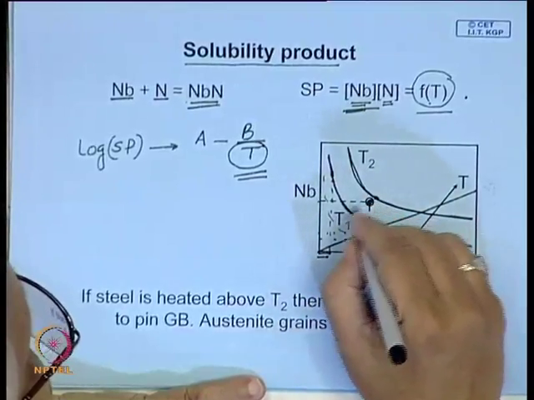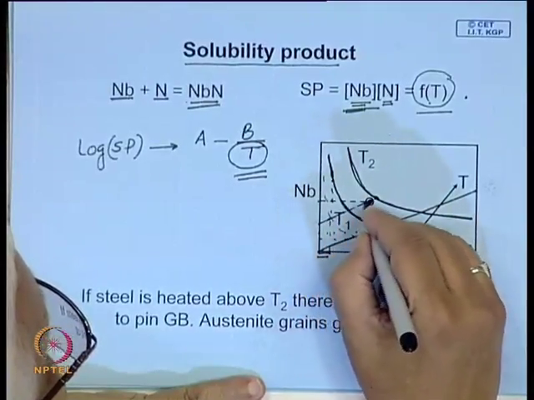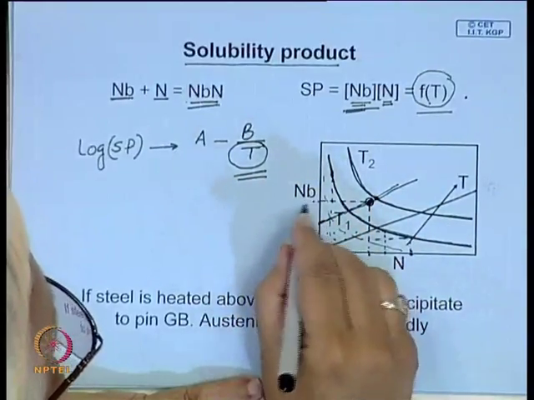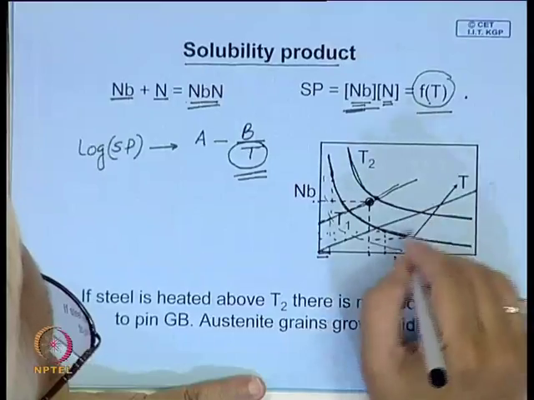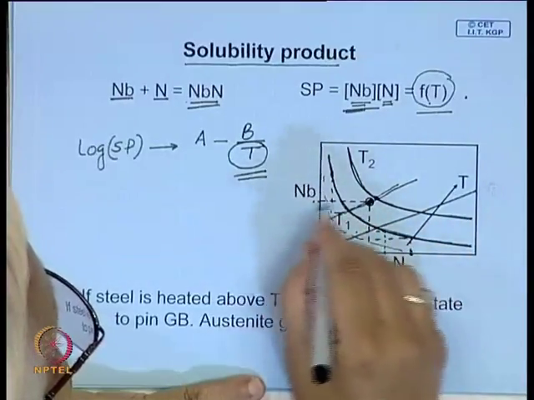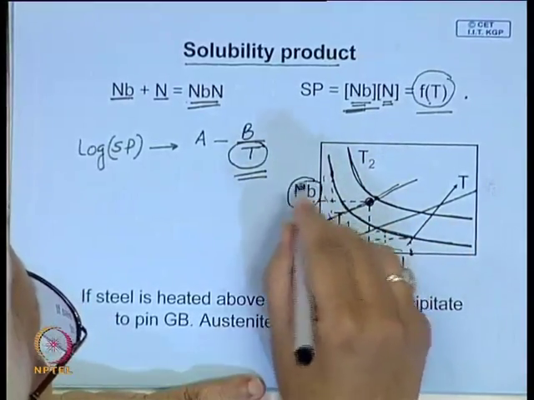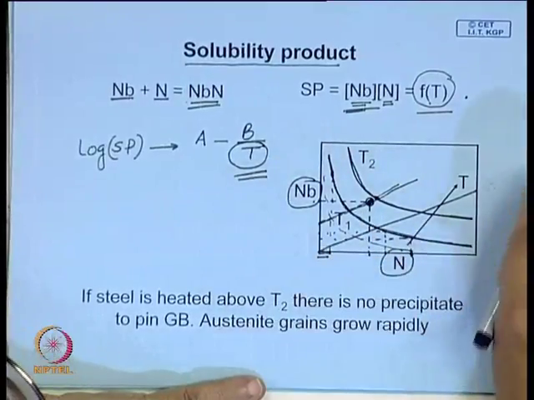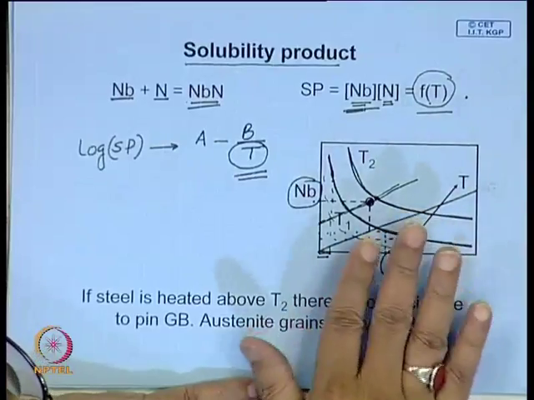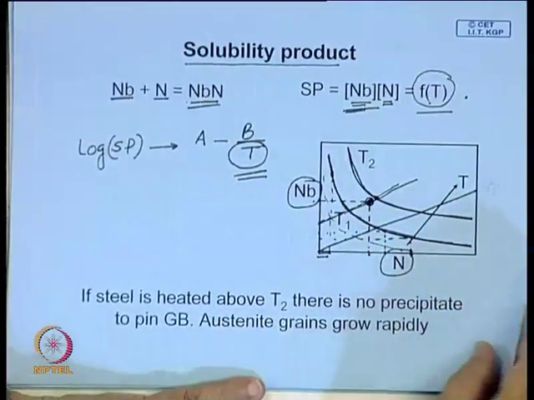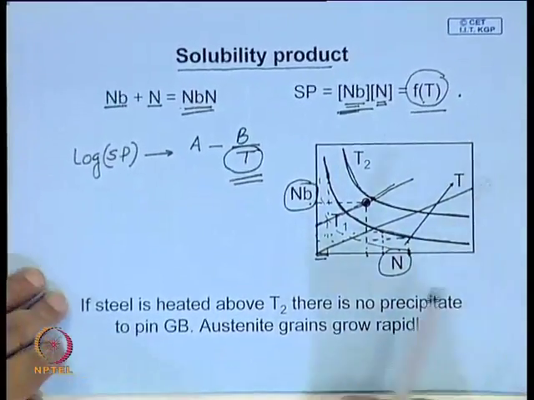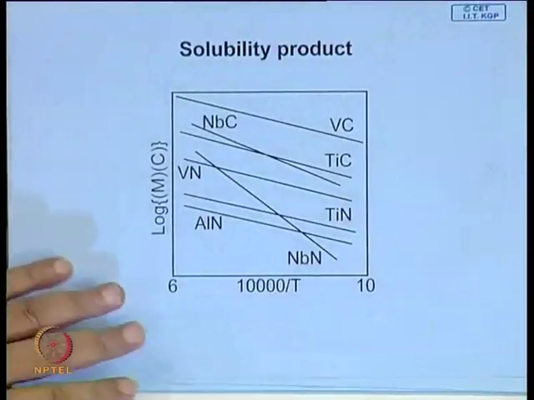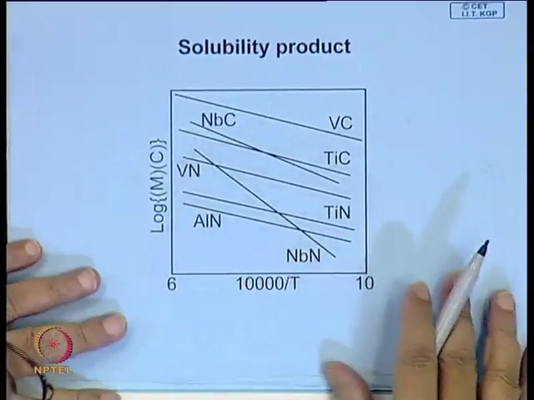You can draw a similar parallel line from here, and from this it is possible to find out the amount of niobium and the amount of niobium nitride which will form at various temperatures, and it will essentially be a function of temperature. Now, next let us see what is the nature of the solubility product plots.